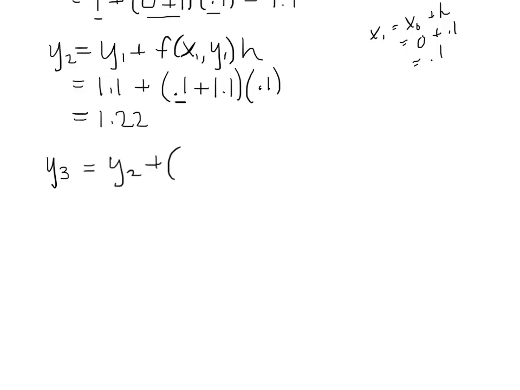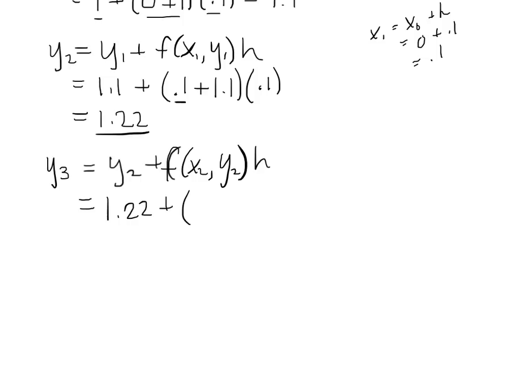Okay, so let's just make this an f of x sub 2, y sub 2, times your change in x, or the h value. We know my y sub 2 value was found from this up here, so I'm going to go 1.22 plus my function of x plus y, except now I'm going to evaluate that function using my x2 and y2 values.